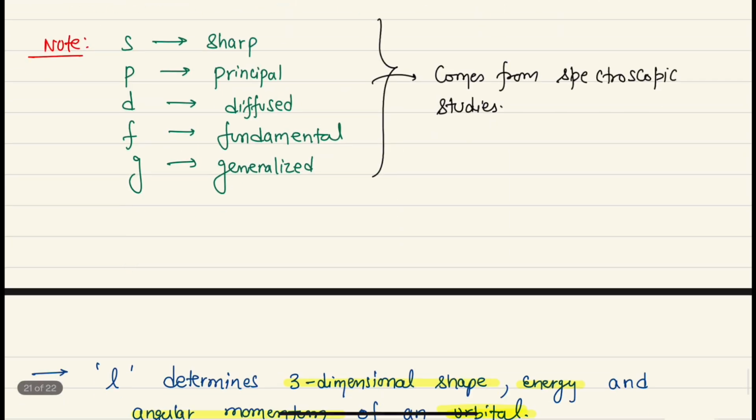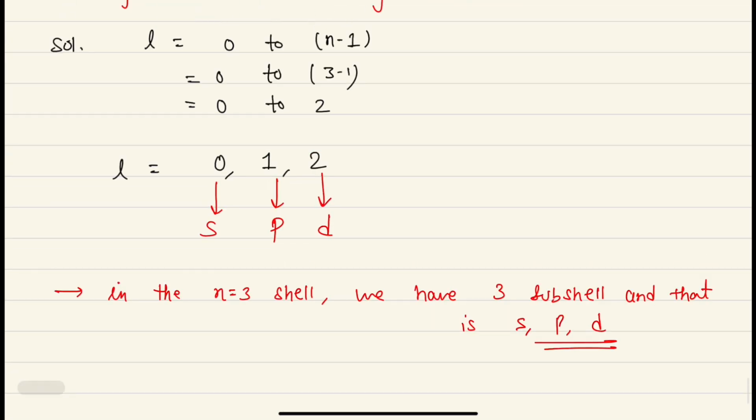So now you tell me, between 0 and 2, how many integers do we have? One is 0, one is 1, and one is 2. So we have 3 integer values possible between 0 to 2, and 0 means S subcell, 1 means P subcell, and 2 means D subcell. Right? Okay?